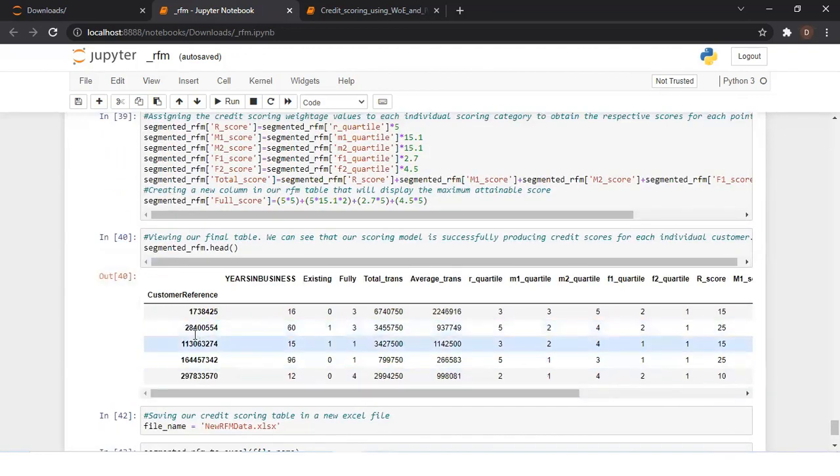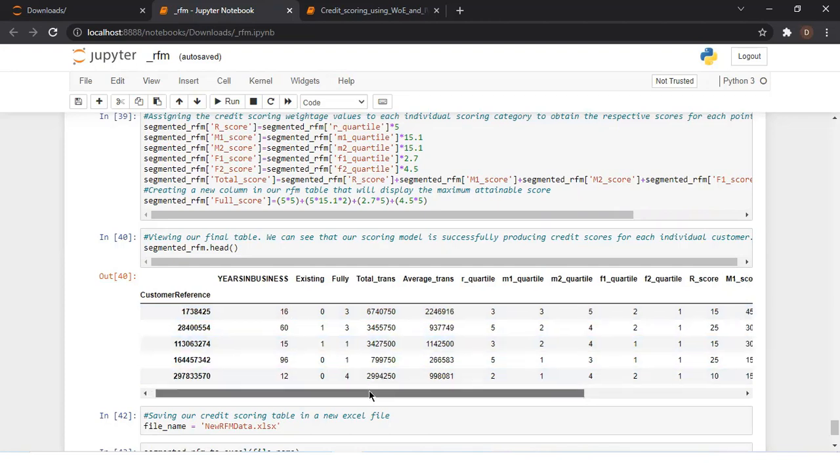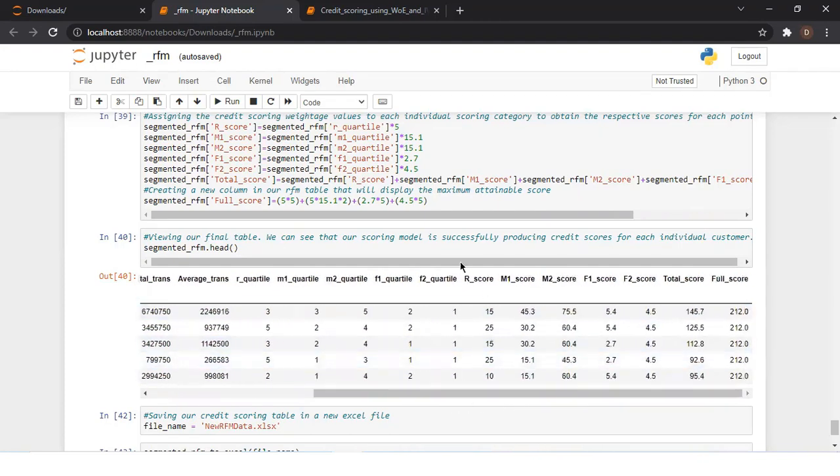If you see, this is the individual customer row, line item, how many years in business they were, and you see this R score, M1 score, M2 score, F1 score, F2 score. This is all statistical concepts that we deduced, and we came up with this total score.